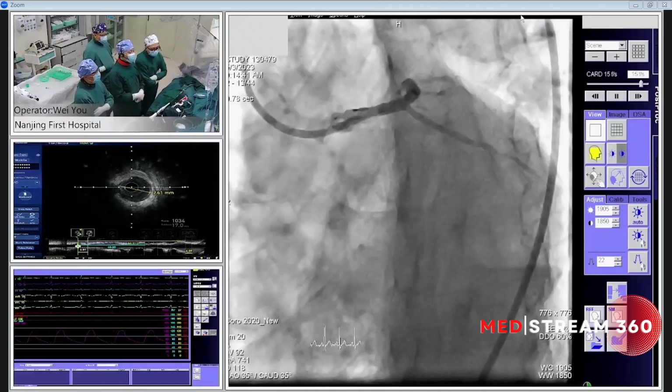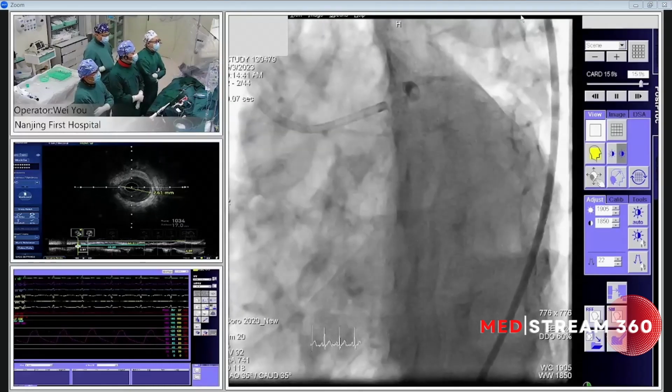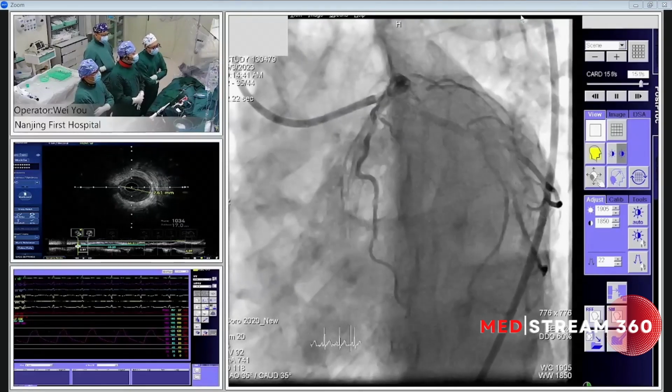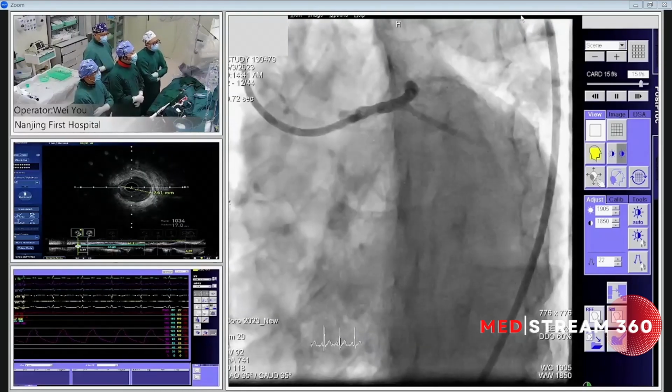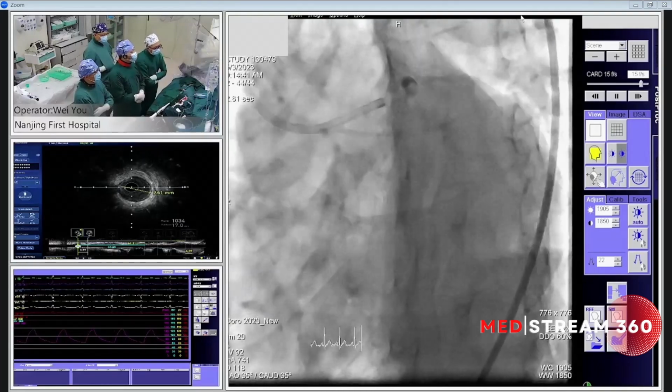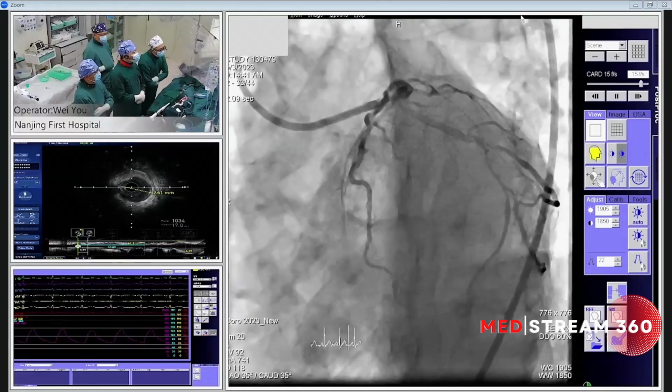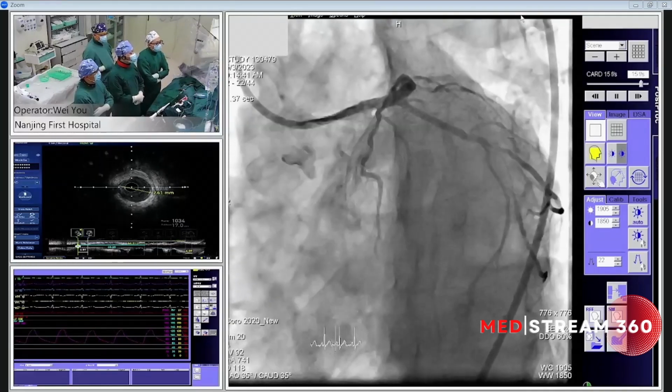Today, can you see our angiographic left coronary artery? You can see very clearly the previous stent in the proximal segment of the circumflex, and also the distal circumflex with the first obtuse marginal is a Medina 0,1,1,2 bifurcation lesion.